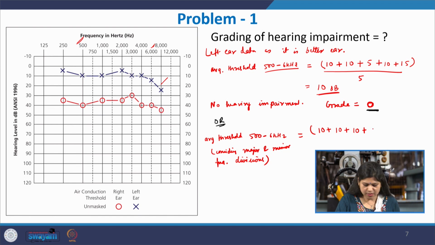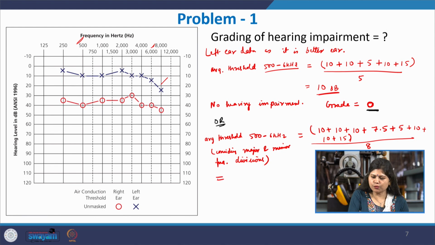So, you can say it is going to be 7.5, and then you have 5, then you have 10 for the 3000, then 10 for the 4000, and then for 6000 you have 15, and 8 divisions we have taken here.